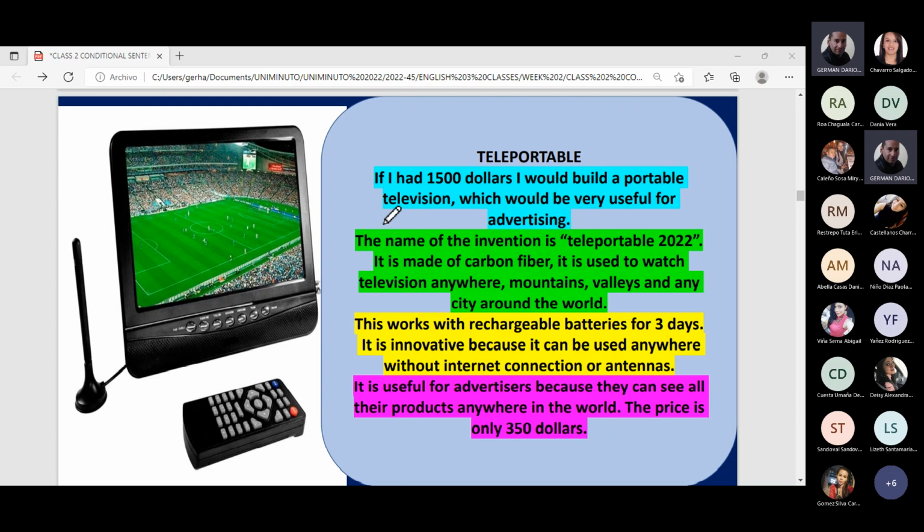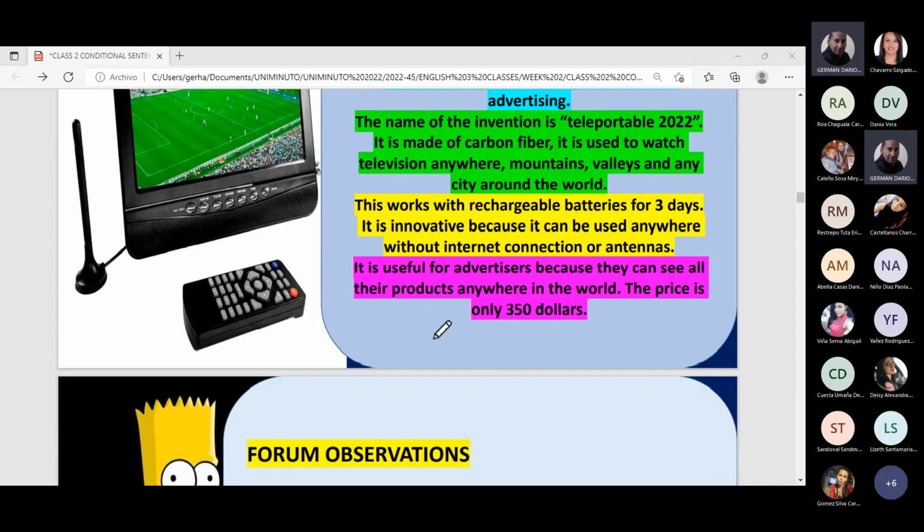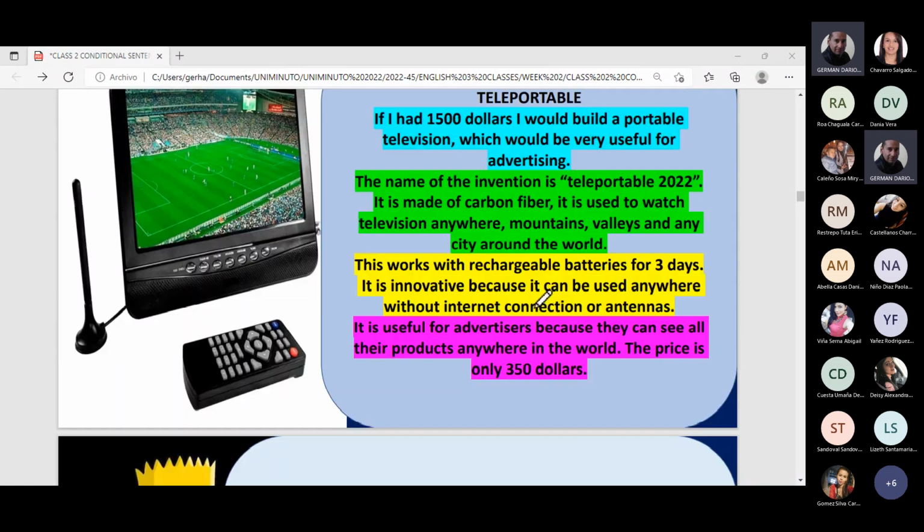It is used to watch television anywhere, mountains, valleys, and any city around the world. This works with rechargeable batteries for 3 days. It is innovative because it can be used anywhere without internet connection or antennas. It is useful for advertisers because they can see all their products anywhere in the world. The price is only $350.